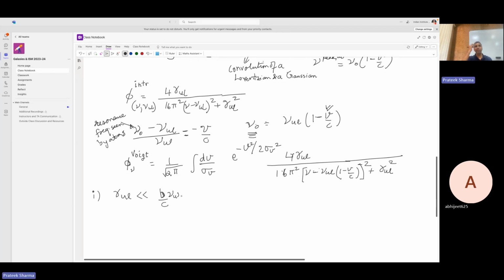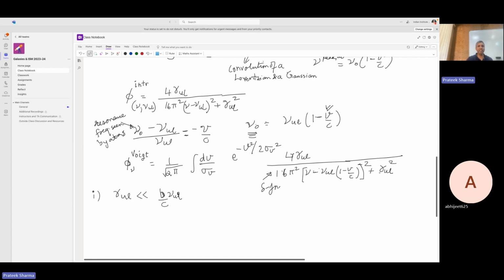B is this Doppler b parameter, c is the speed of light. B was the width of this Gaussian, or sigma v is the width of this Gaussian, so b is just square root of 2 times sigma v. So delta v by c times nu is the frequency width. If the intrinsic line profile width is much smaller than this, then you can replace it by a delta function. This is what we actually did.